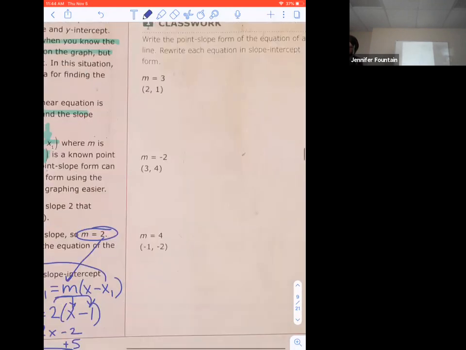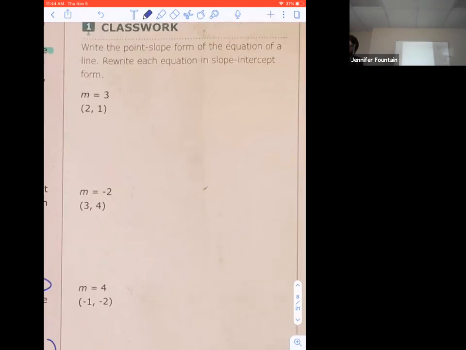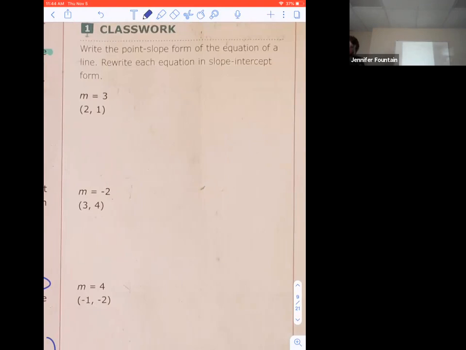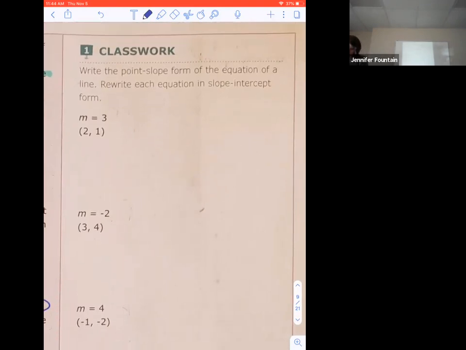So let's go ahead and practice with this one. The first thing I want you to do is go ahead and write y minus y1 equals m times x minus x1. Go ahead and write your equation at the top.